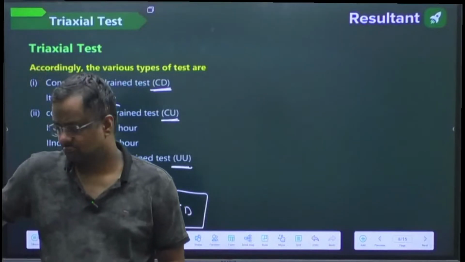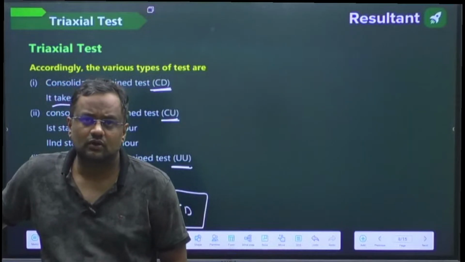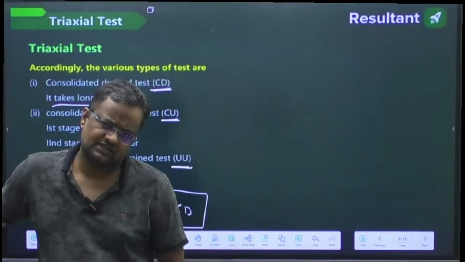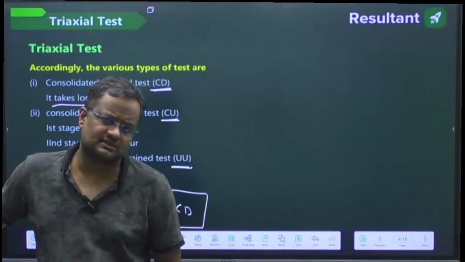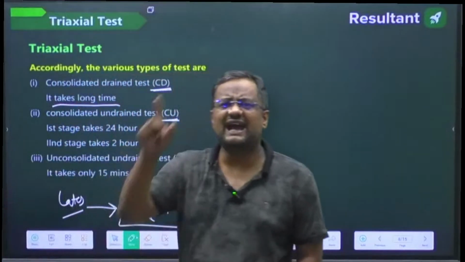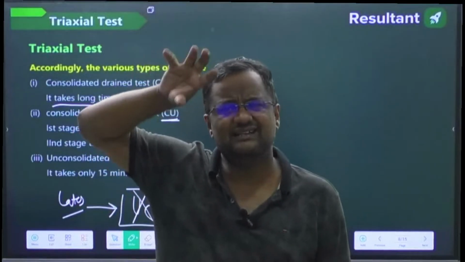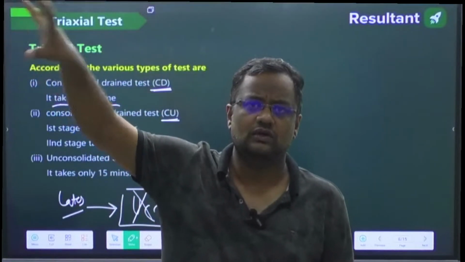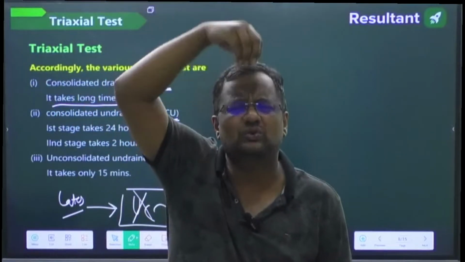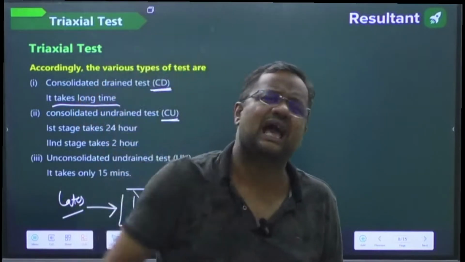Now let me tell you. Suppose a building was constructed in the 1950s, and 70 years have passed. That building is on some soil. Due to that load, consolidation has already happened.